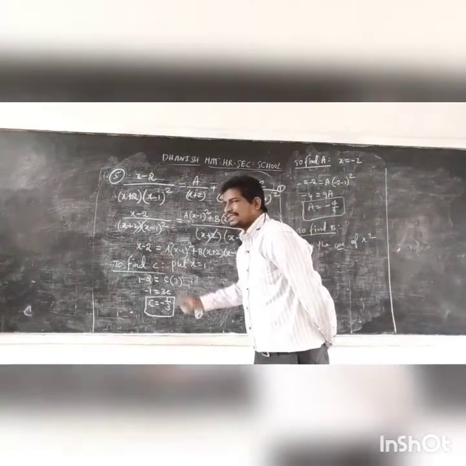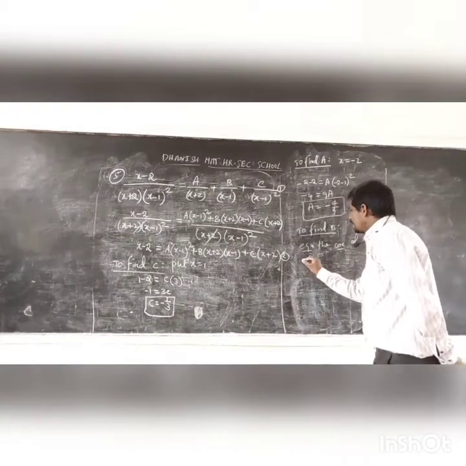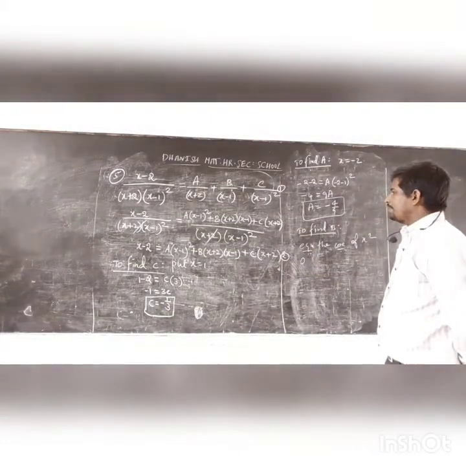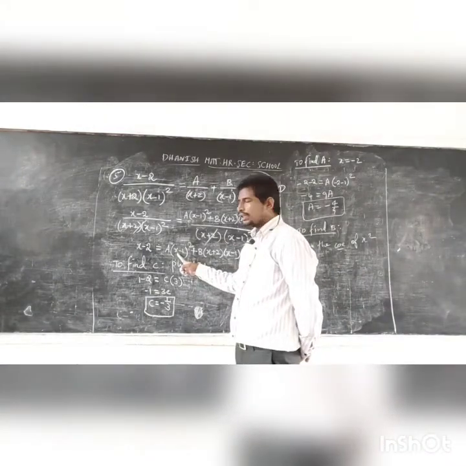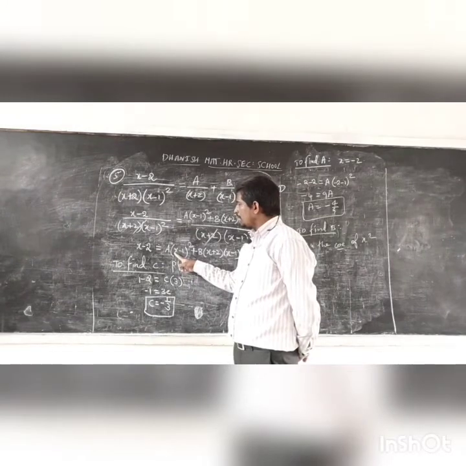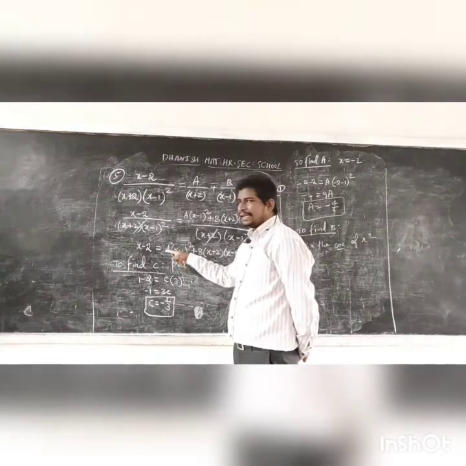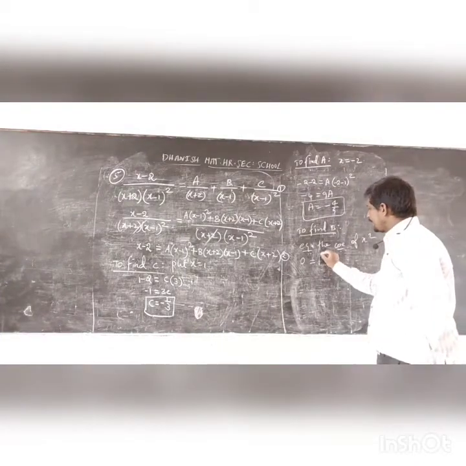Now look at the LHS. Here we don't have any x square term, so the coefficient of x square will be 0 equal to, if I expand this, the first term will be x square into a, so the coefficient of x square is a.